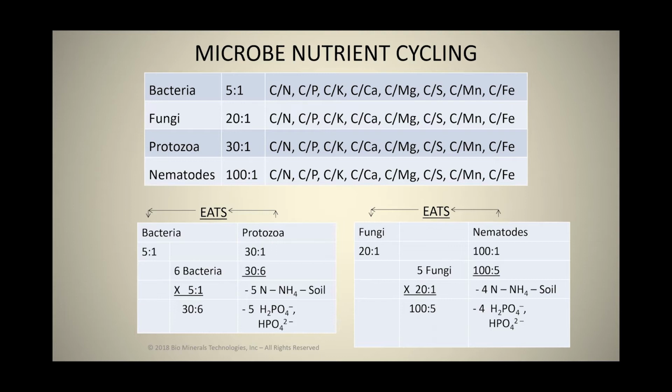In that process, it also inherits 6 nitrogen and also 6 phosphate and potassium and calcium and so on. The protozoa can't keep the extra nitrogen, phos, potassium, calcium, etc. And it has to excrete them to maintain its 30-to-1 ratio.